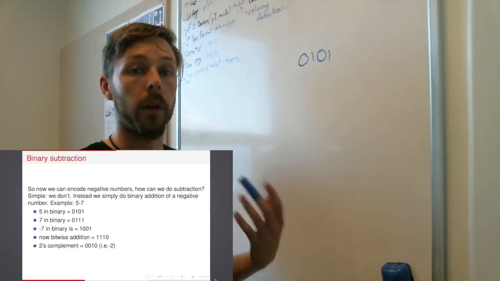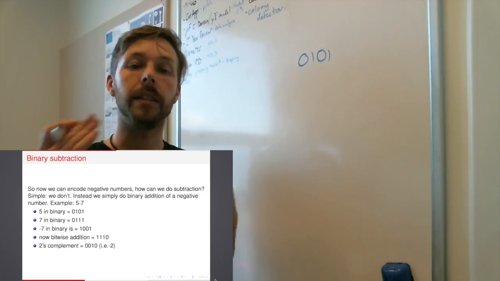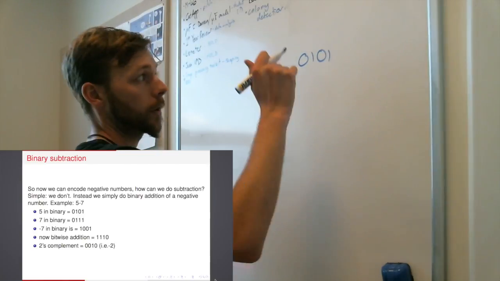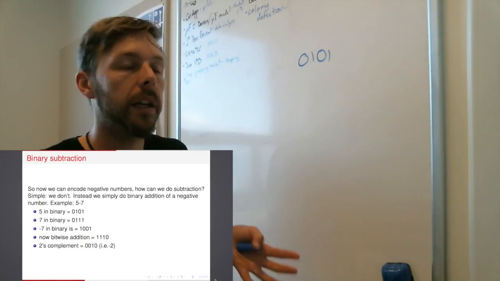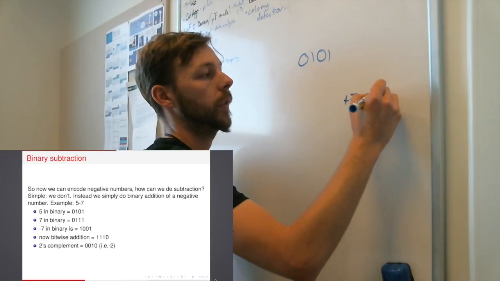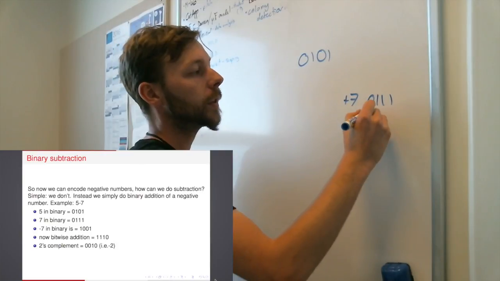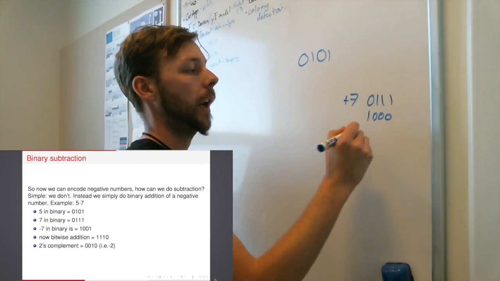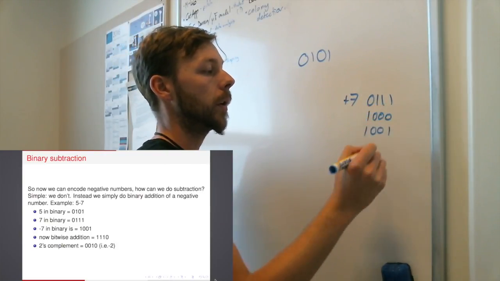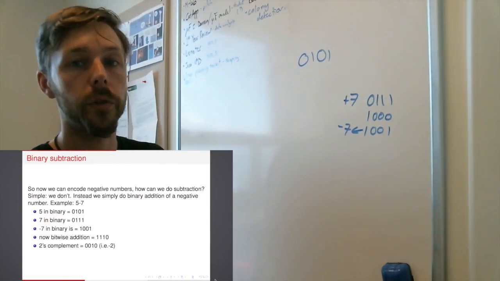So instead of taking 7 away, I'm going to add -7. So I'm going to do binary addition, but find out what -7 is. +7 in binary is 0, 1, 1, 1. Let's do the 2's complement, which is flip the bits, 1, 0, 0, 0, and add 1, 1, 0, 0, 1. So that is equivalent to -7 in 2's complement.